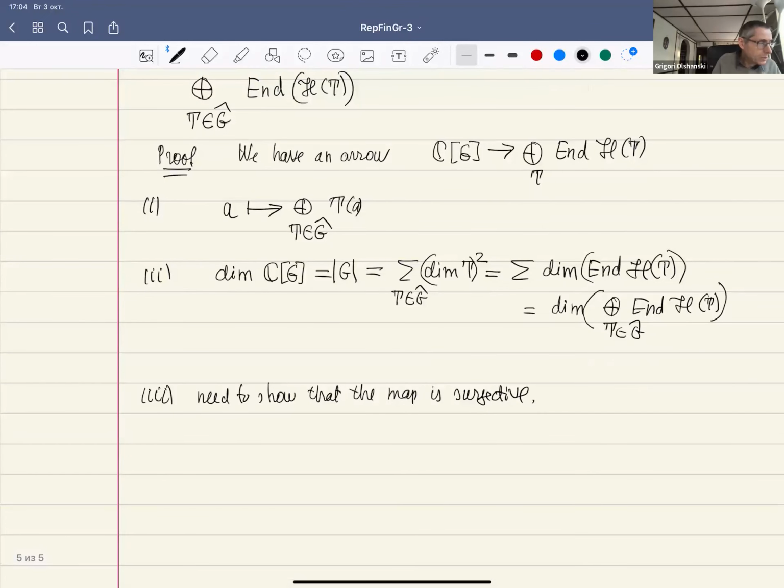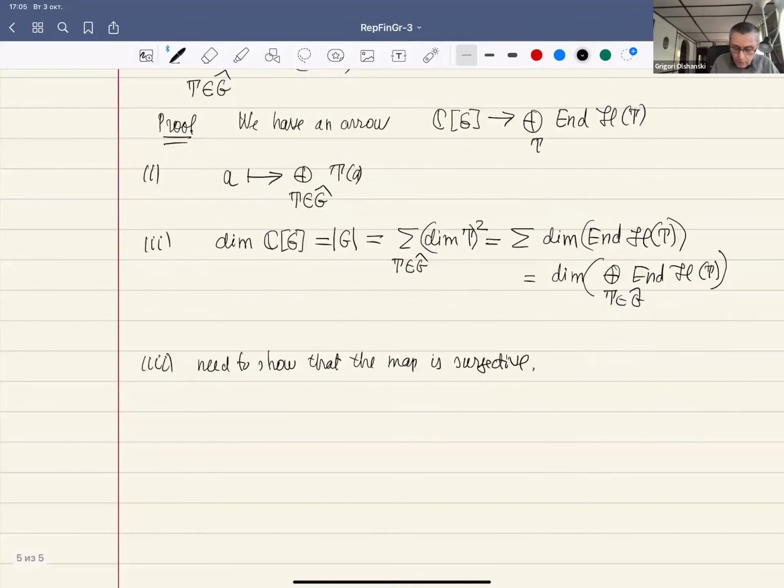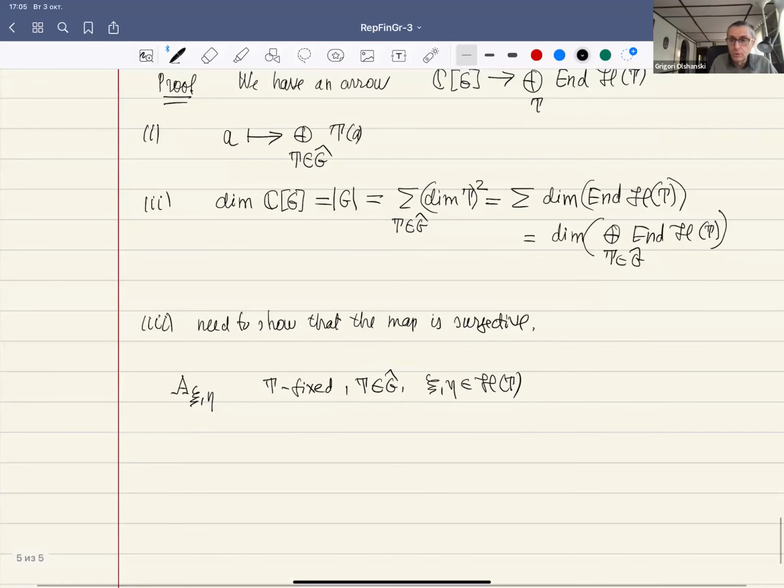And how to prove this? Let me recall the definition of the operator A psi eta. Assume that we fixed T irreducible, and take two vectors from the representation space, and we assign to them an operator, which is as follows. Its action is a rank 1 operator acting on a vector x as follows.